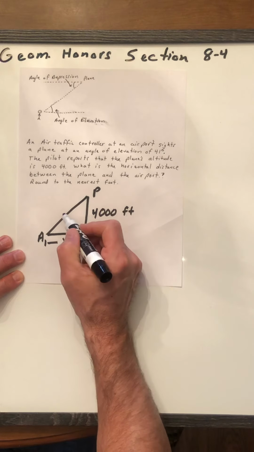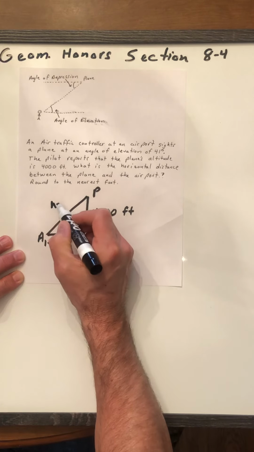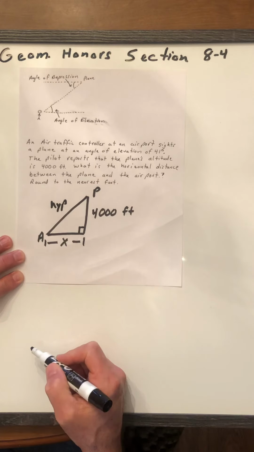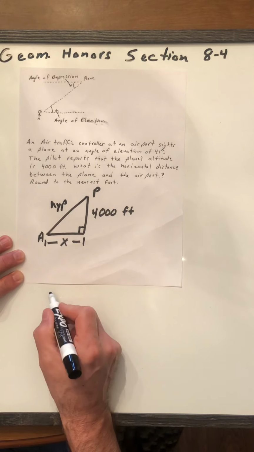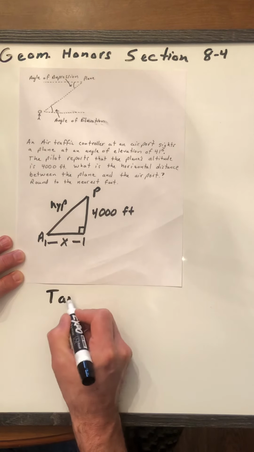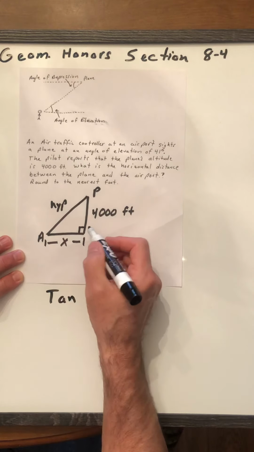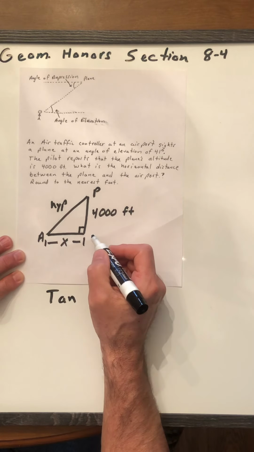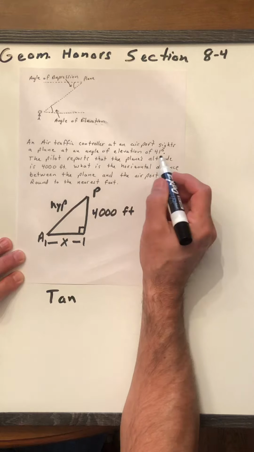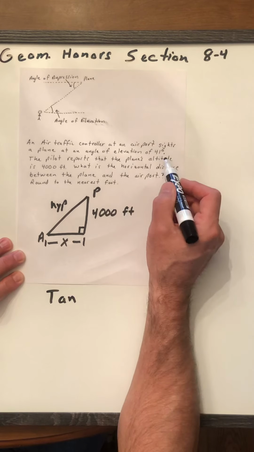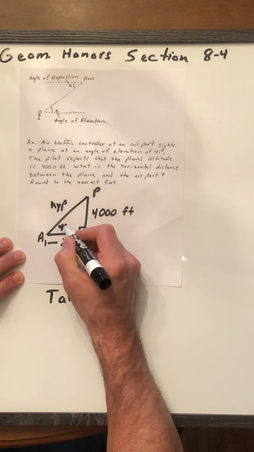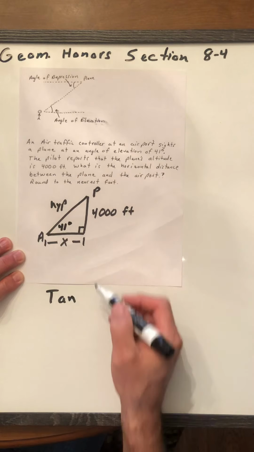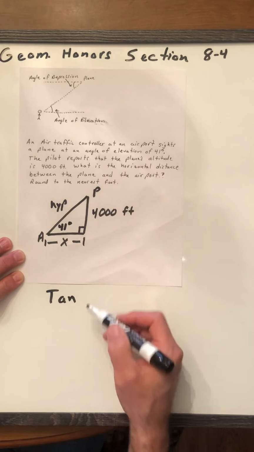The hypotenuse, which is over here, we are not using, and so that means it would have to be tangent. The tangent of our angle, which I forgot to put in, is 41 degrees. That is my angle of elevation. It told us that in the problem.